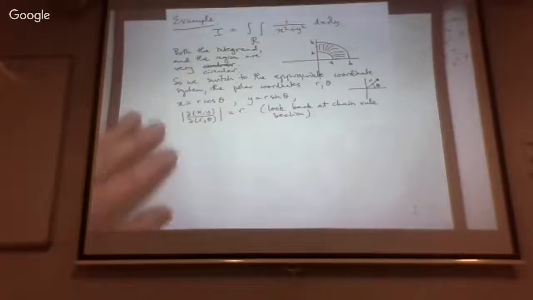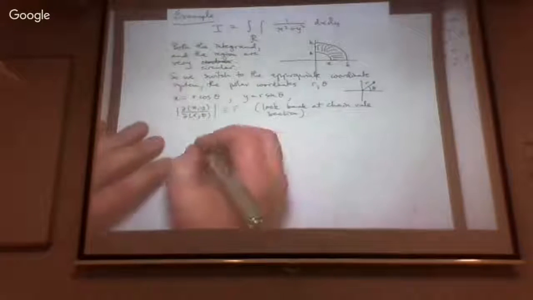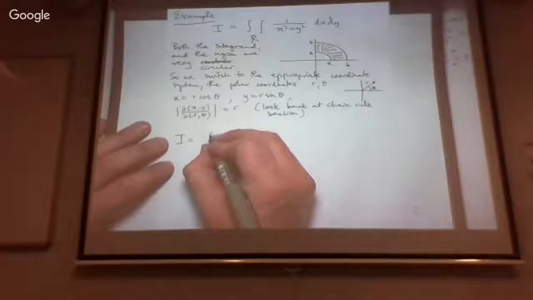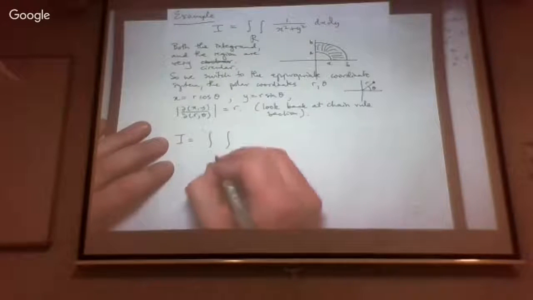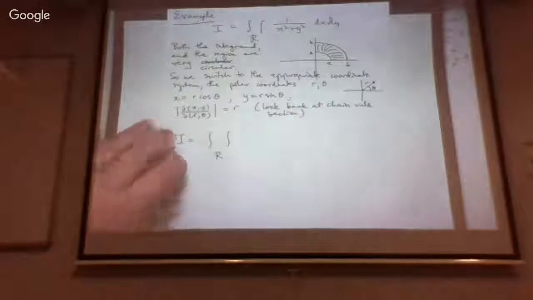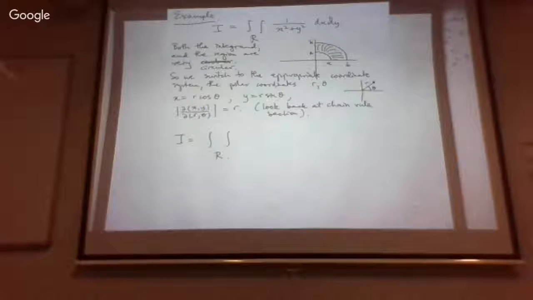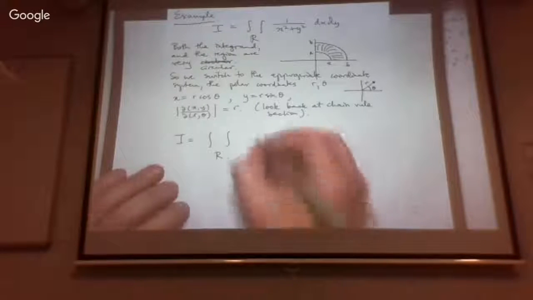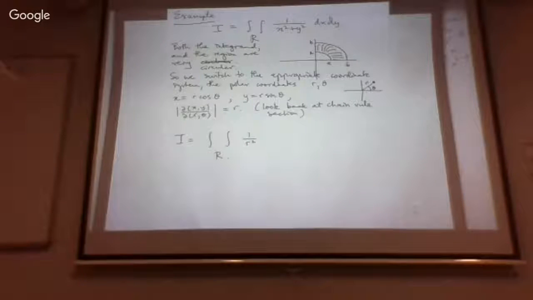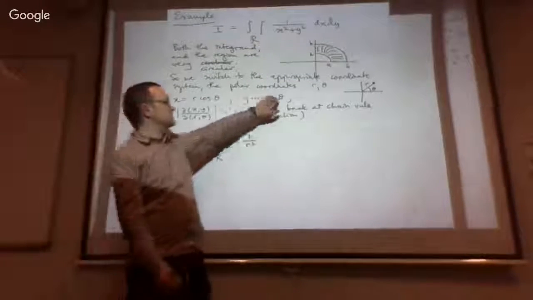Okay, so how does that simplify the integral? Well, here's the integral I. It's again going to be an integral over this region R. Now, when you convert the function 1 over x squared plus y squared to polar coordinates, you get 1 over r squared. Because x squared plus y squared is equal to the square of the radius. It's equal to r squared. Or if you use these formulas, you get this squared plus this squared.